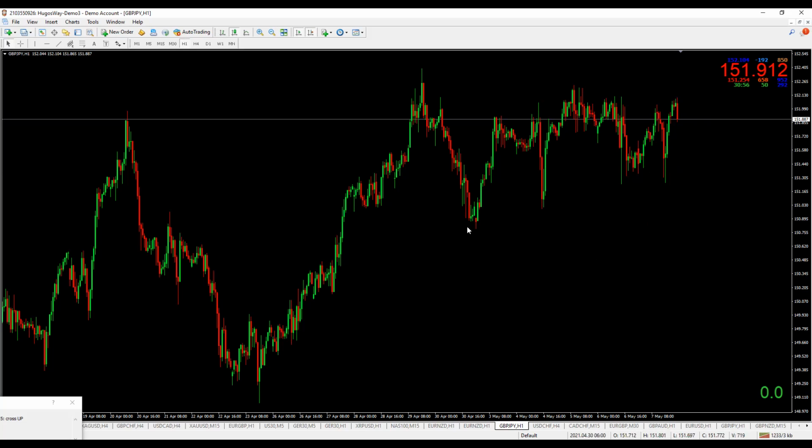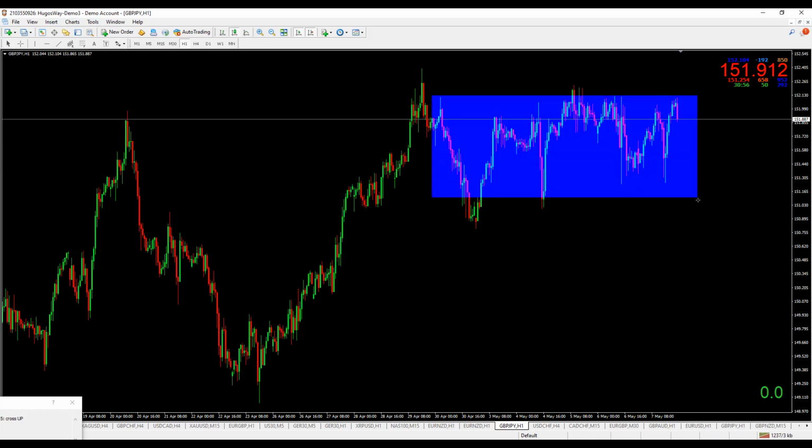I suppose if this is the 1 hour and it's ranging here, if you go to a lower time frame, it might not so much appear as a range. Let's just quickly try that out. We're basically just going to put that area in a box. Let's put this whole area in a box.